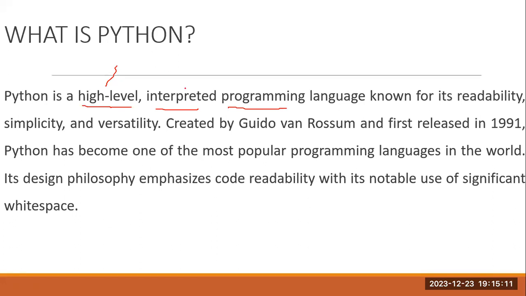So, interpreted programming language, what is interpretation? Whenever you write a code, there is a third program that converts your high level language into machine language. That program is called a language translator. And a language translator is of two types. One of them is compiler and the second one is interpreter.